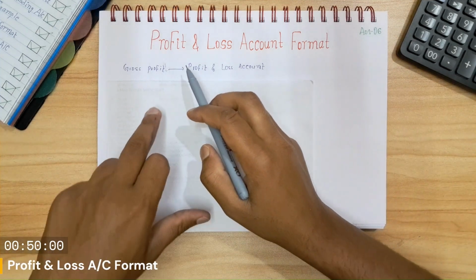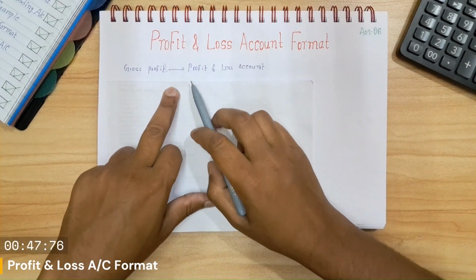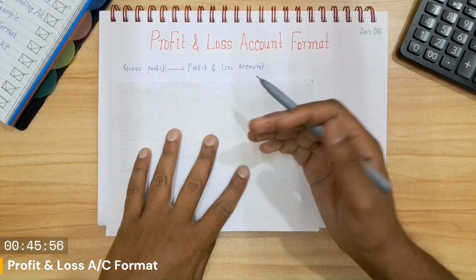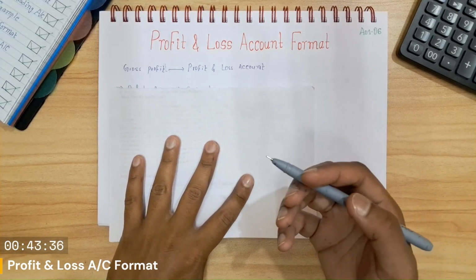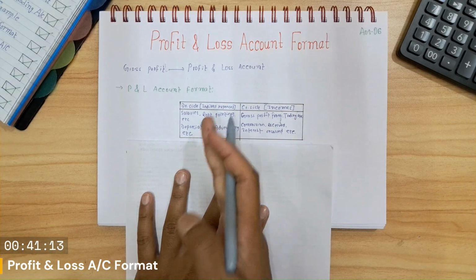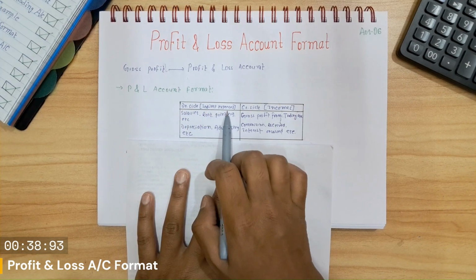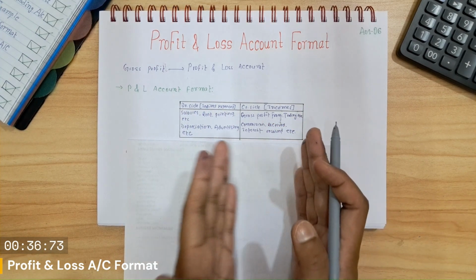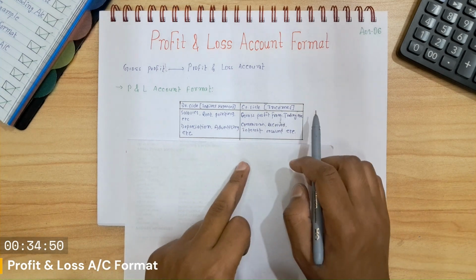Now that we know the gross profit, we move to the profit and loss account. See the profit and loss account format here. The debit side is also known as indirect expenses, and the credit side of the profit and loss account is also known as incomes.